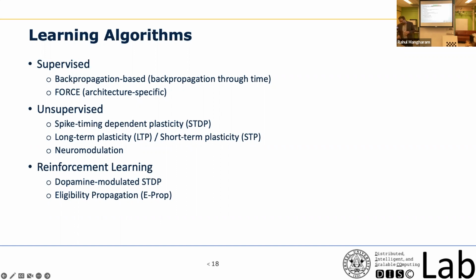Can you add a connection after it has been lost? Because with backpropagation through time, once the connection weight goes to zero, you can never recover it. Here you can, because the weights are continuously increasing and decreasing. If the weight increases, you restore the connection.